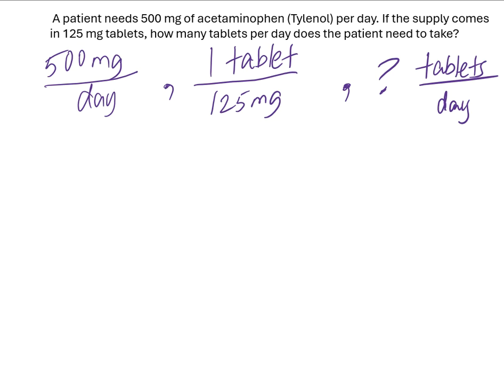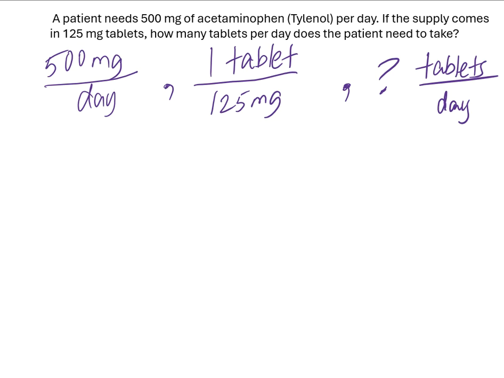With a dosage calculation, you're either starting with the dose. However, if it is a dose that is weight dependent, then we have to start with the weight. In this case, it doesn't tell us anything about weight, so it doesn't depend on the weight. Instead, we're simply focusing on the dose.